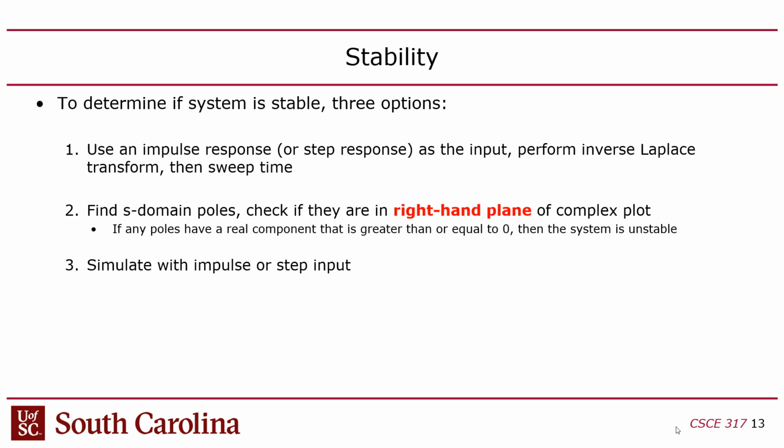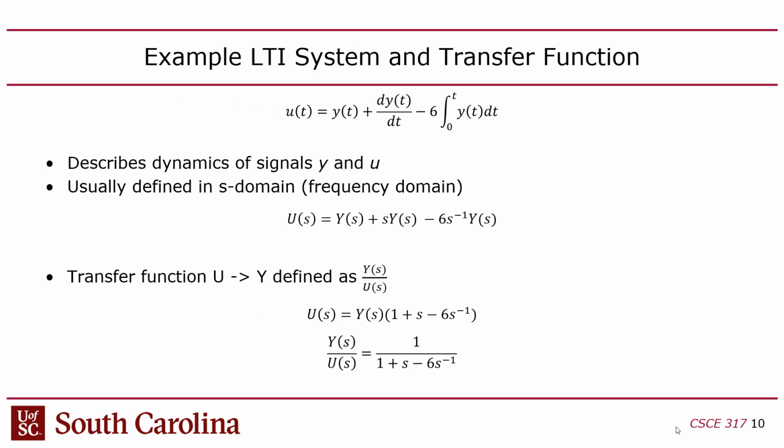There is another way that you can do it, though. If you have the S domain transfer function, all you have to do is find the poles. Did you guys ever cover poles before in circuits in 222? So a pole is, I mentioned that the transfer function usually is in this form here, right?